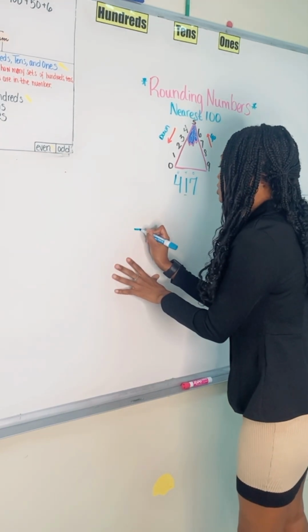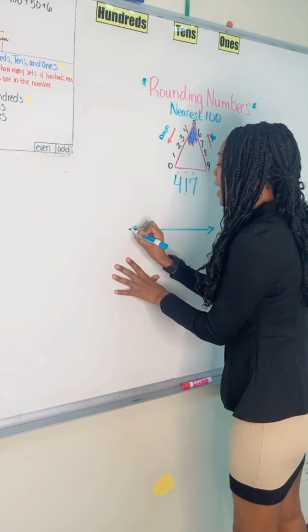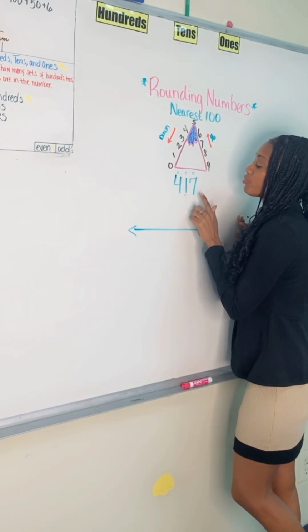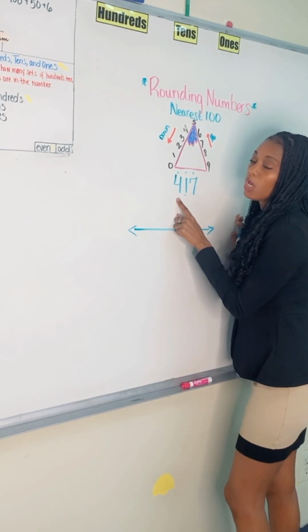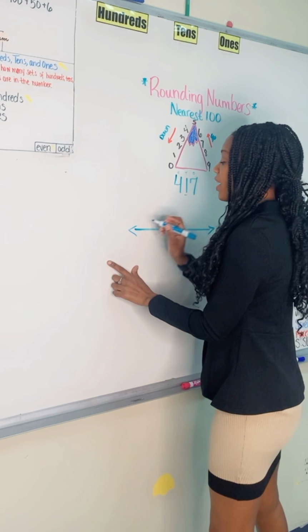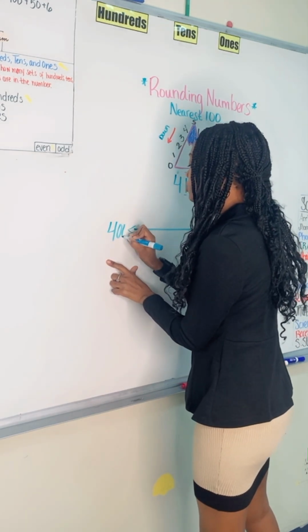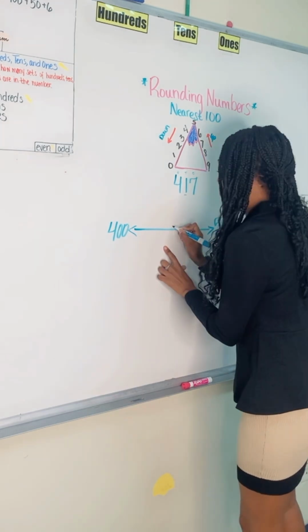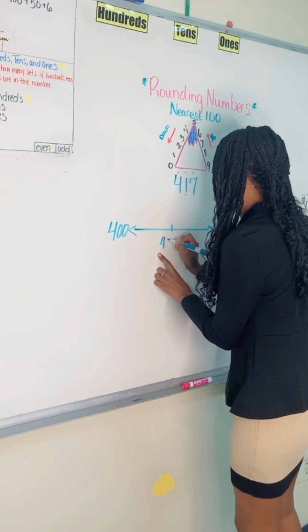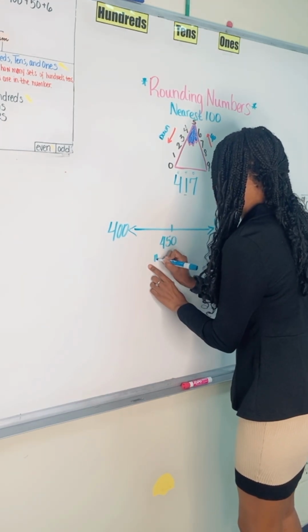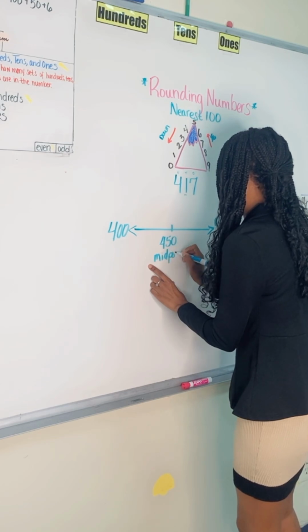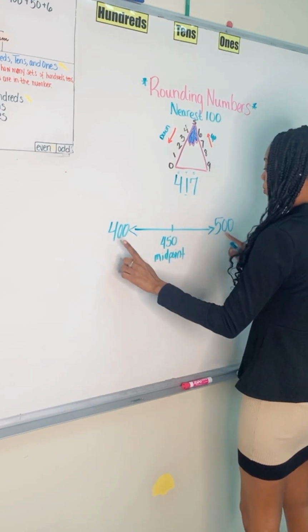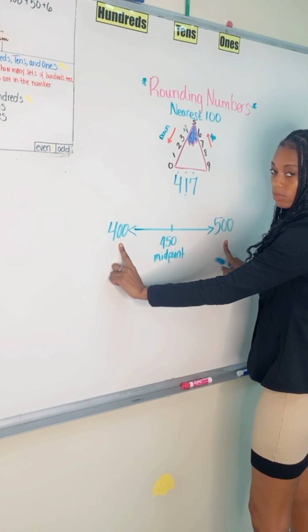So if I draw my number line and I ask myself, 417 comes between which two numbers? That's going to be 400 and 500. I'm going to put my midpoint at 450. My midpoint is the number in between these two numbers, okay?